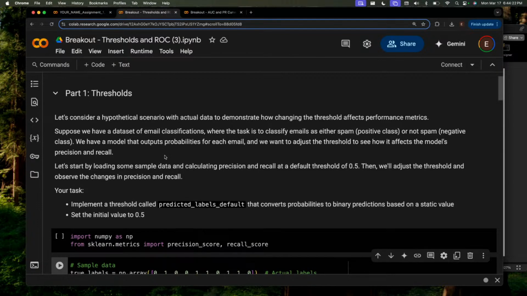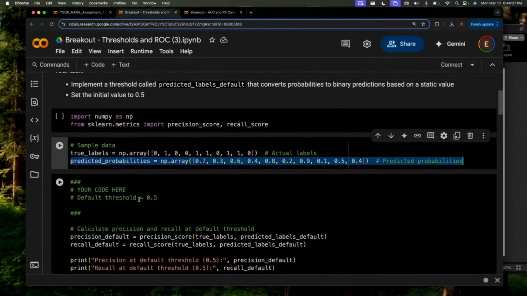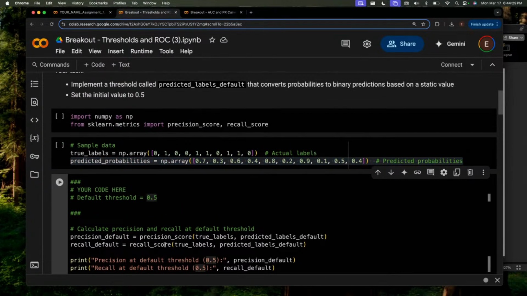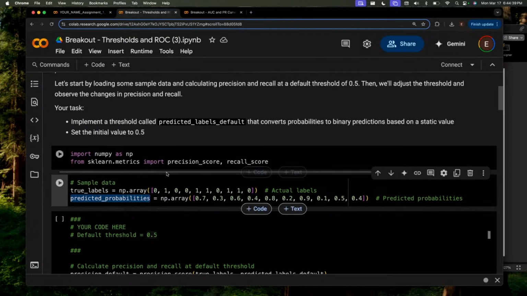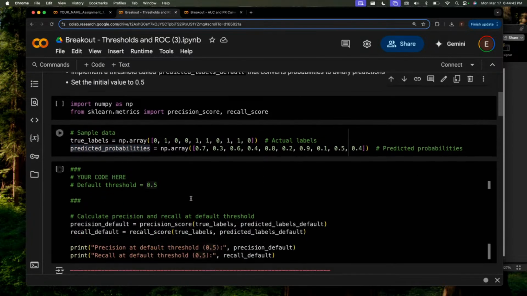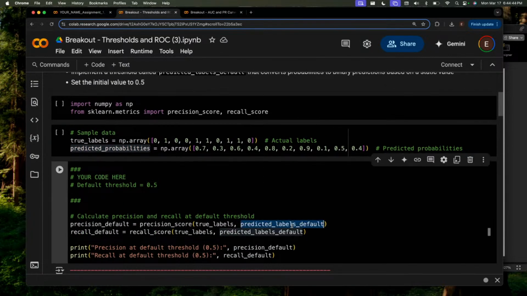I want you to implement a threshold of 0.5 and predict 1 when it's greater than 0.5 from these predicted probabilities, and predict 0 when it's less than 0.5.